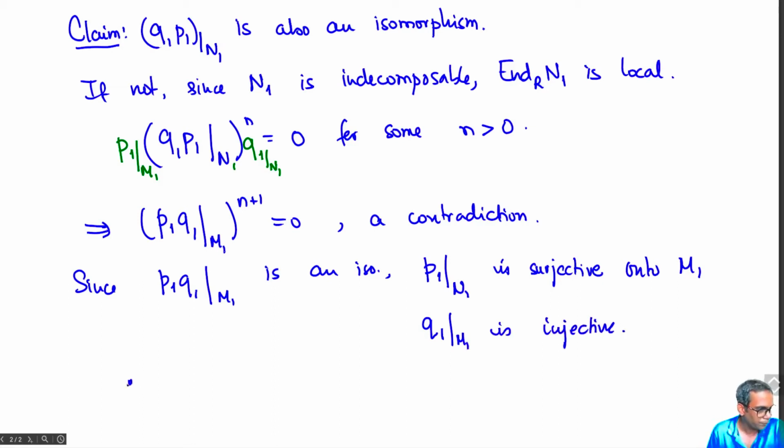And therefore P1 restricted to N1 and Q1 restricted to M1 define isomorphisms between M1 and N1. So M1 is isomorphic to N1.